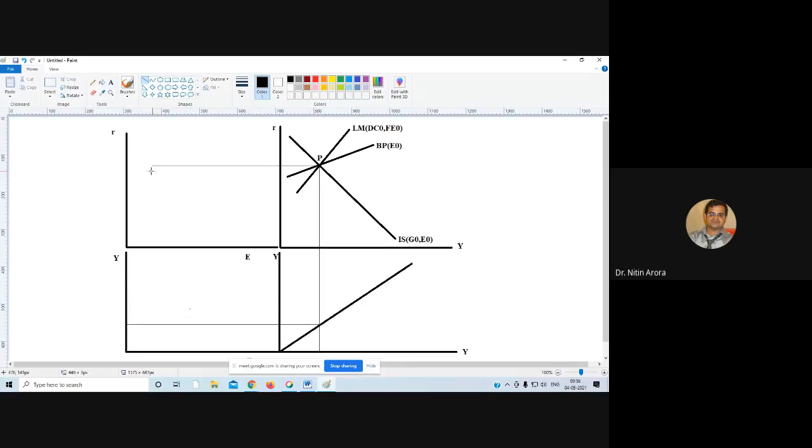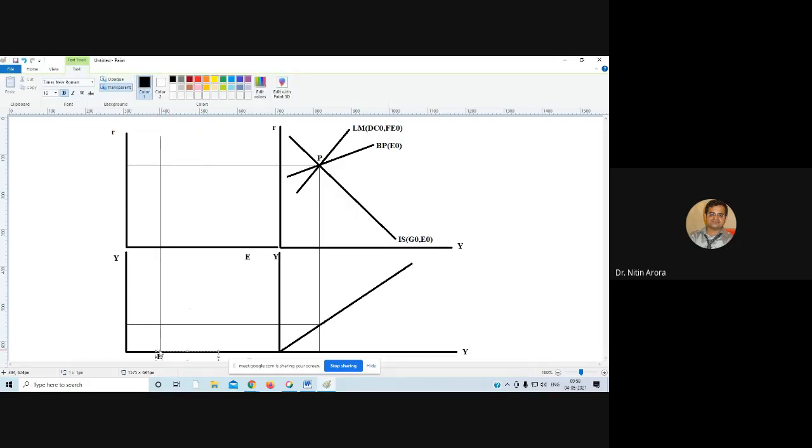This is my level of income, equilibrium interest rate, and this is my exchange rate E0. E0 is my exchange rate, initial equilibrium exchange rate.